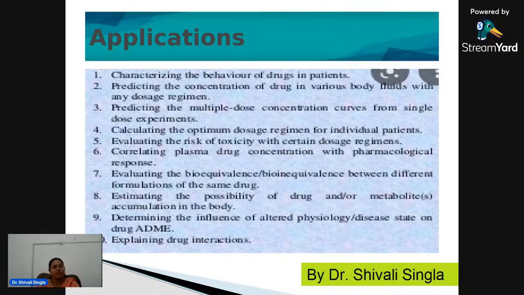Coming to the next point, that is evaluating the bioequivalence or bioinequivalence between different formulations of the same drug. As I told you at the very first, when it's starting, whether the drug has to be prepared in the form of syrup, solution, tablet, or capsule. We can formulate two formulations of the same drug, like a tablet and a syrup.